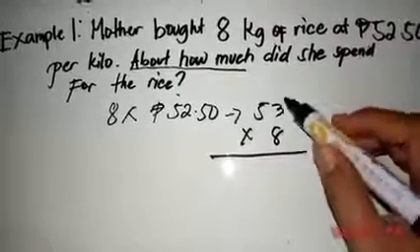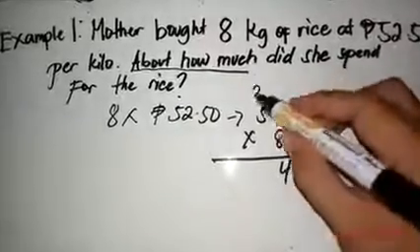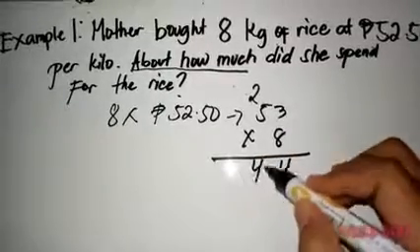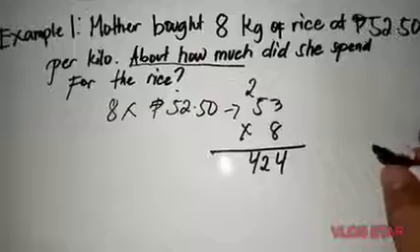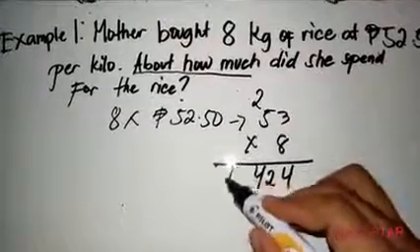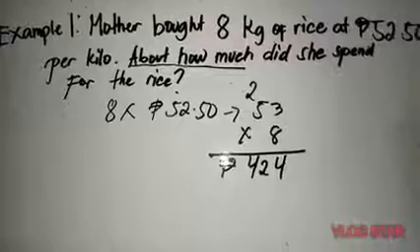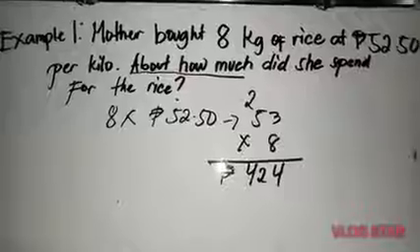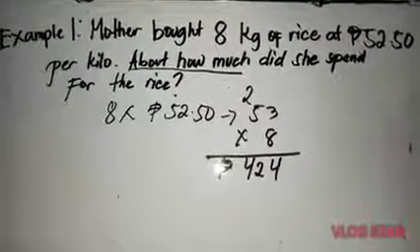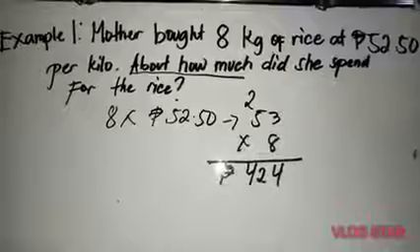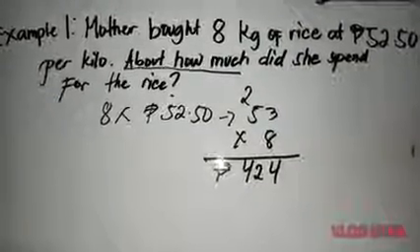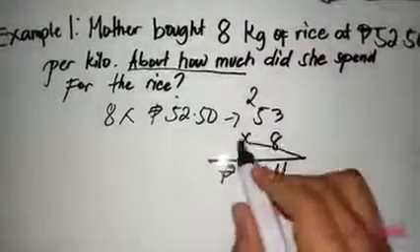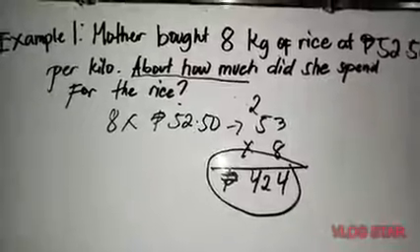So 8 times 3 is 24. Carry 2. 8 times 5 is 40 plus 2, 42. Then don't forget to put the peso sign. So it means that she spent about 424 pesos for the rice. So this is just the estimate value.